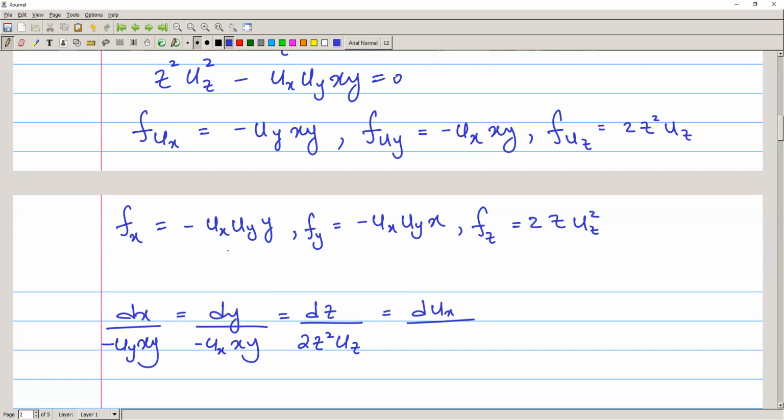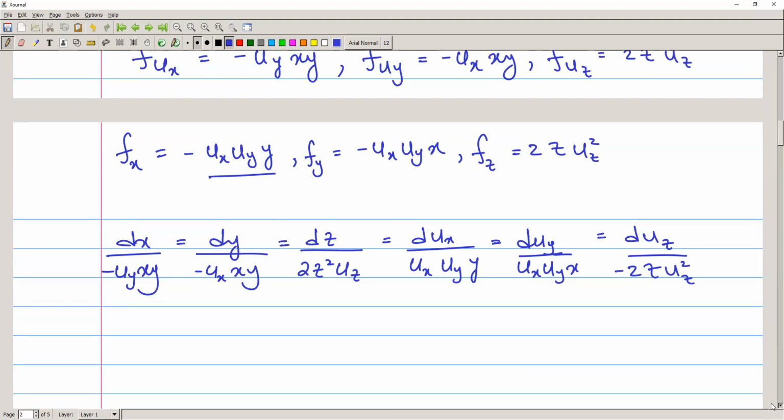Since fx is negative ux uy y, it will be positive ux uy times y. Then duy divided by negative fy, so it will be ux uy x. Then finally duz divided by negative fz, that is 2z uz squared with negative sign. Right, so now we have constructed the auxiliary equation.